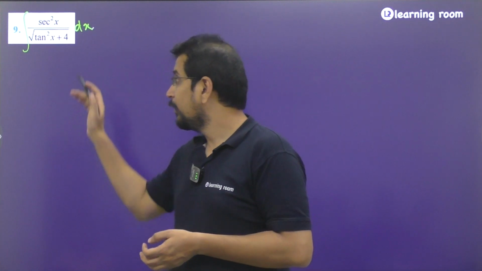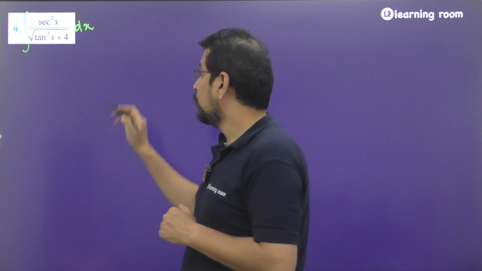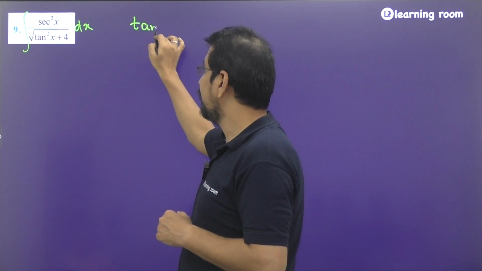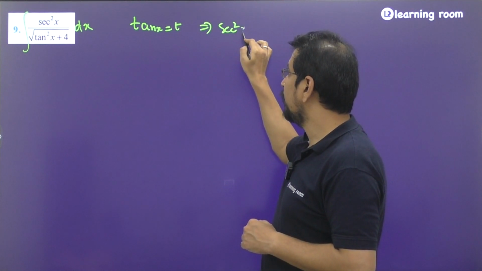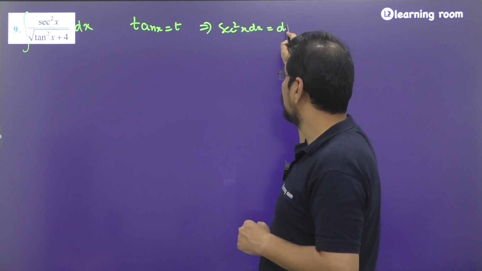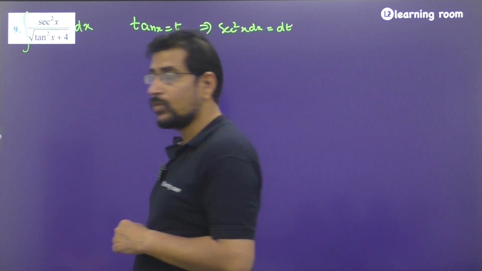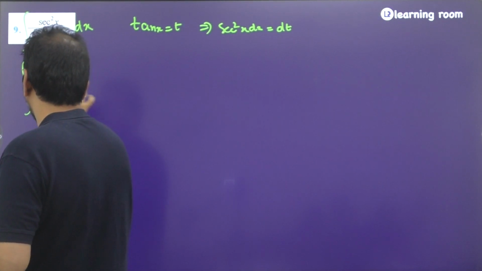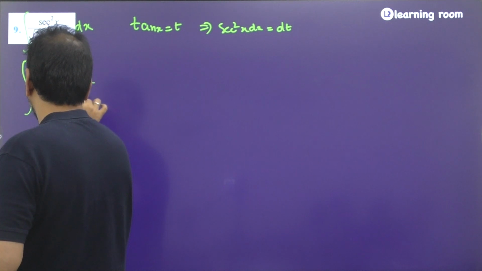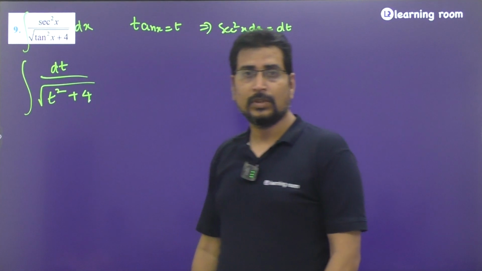So the next question is integral of secant square x divided by root of tan square x plus 4. Since the numerator is secant square x, remember secant square is the derivative of tan, and the denominator has tan in it. So you can put tan x is equal to t, that implies secant square x dx is equal to dt. So this will get converted to integral of dt divided by root of t square plus 4.